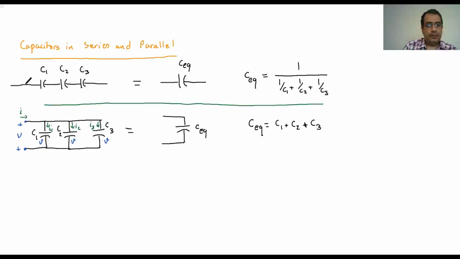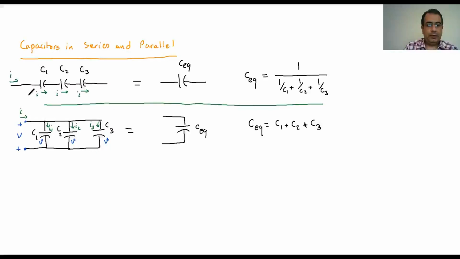So let me draw that here. If I know that it's going to be I going through here, it's going to be the same I here, and the same I here. So whatever is going through is the same, but the voltage is not going to be the same.